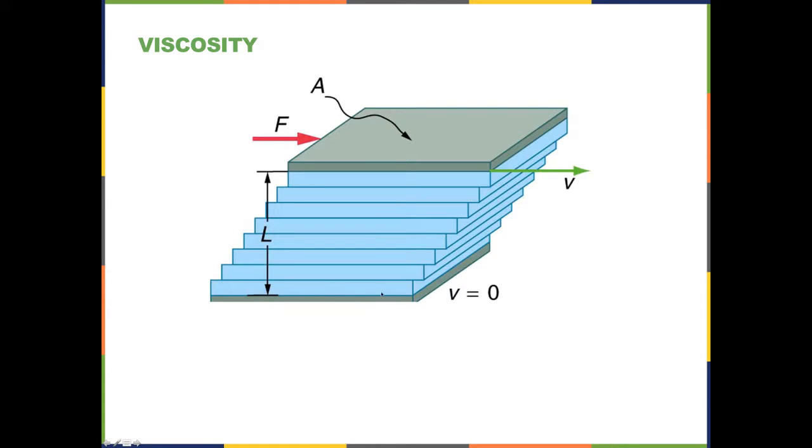Now here's a way of looking at this in terms of flow and viscosity and velocity. At the bottom of the first layer, the velocity of the fluid is 0. And as it goes up, it flows faster and faster until it reaches the velocity v.